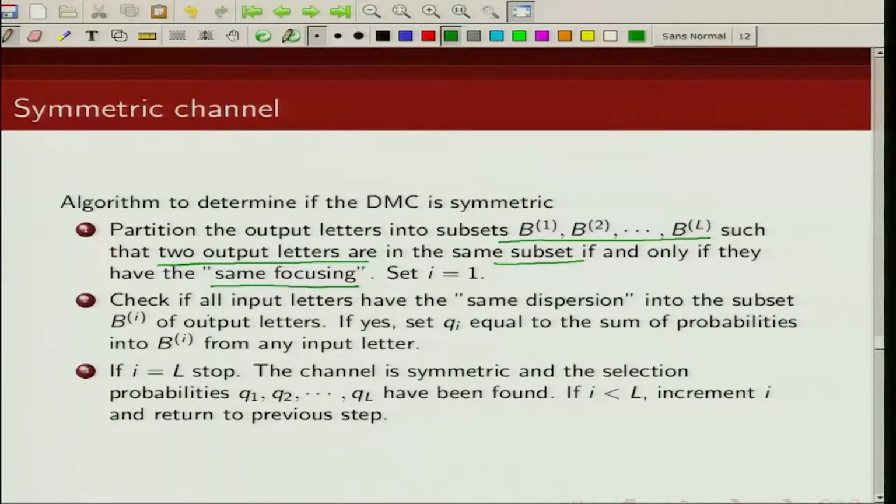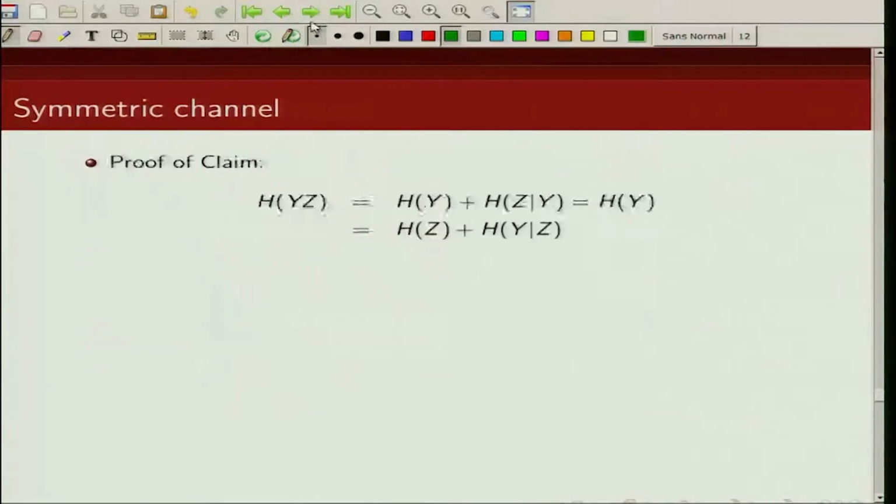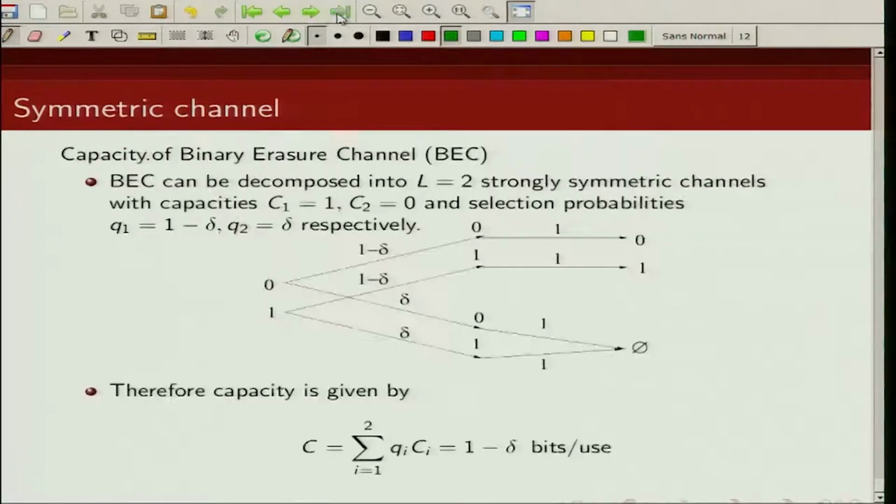The next step is to check if all inputs have the same dispersion. Now, how do you check the same dispersion? From a particular output symbol, you see the probability of the transitions from the input side. If you look at this particular example, you reach 0 from 0 with probability 1 minus delta.